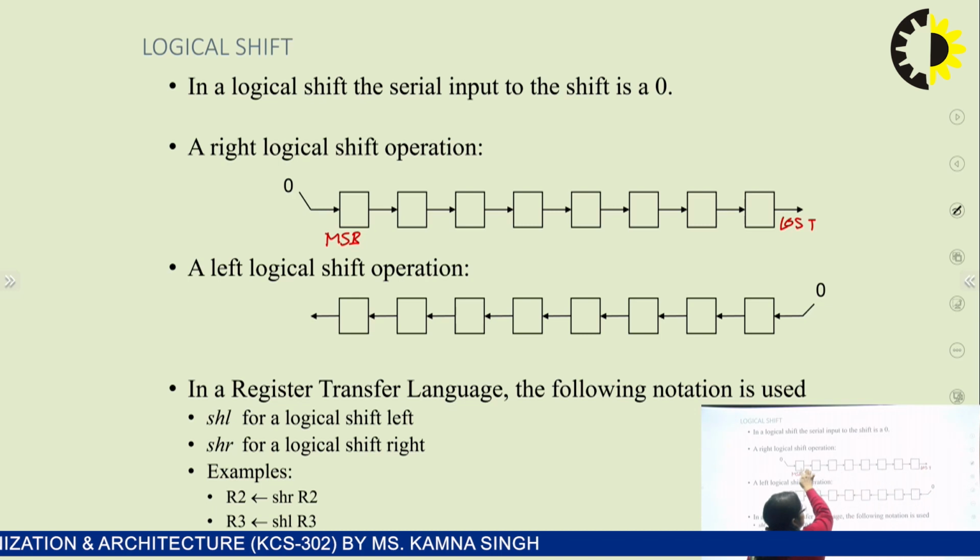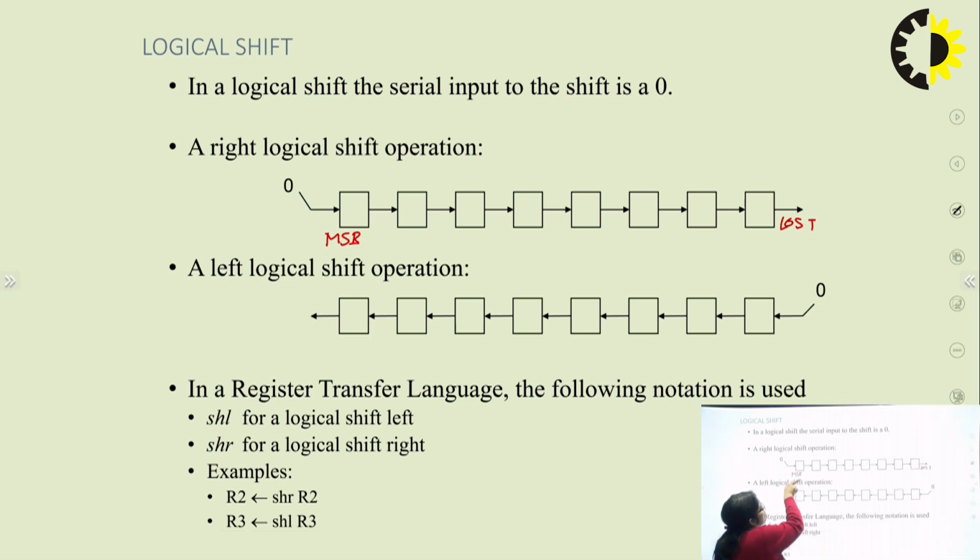If there are 8-bit values, these boxes represent the 8 bits. So in the MSB side, 0 will be inserted and the last LSB will be lost. And in the left logical shift, the reverse process is applied: the 0 is inserted at the LSB side and the MSB will be lost.